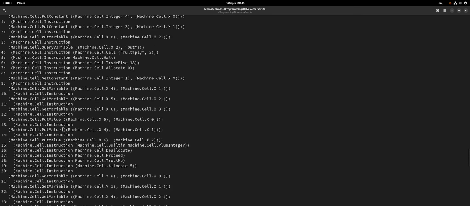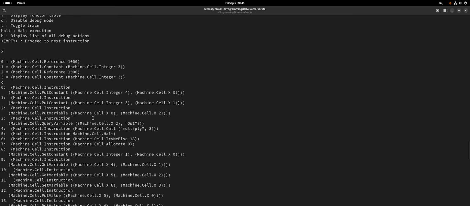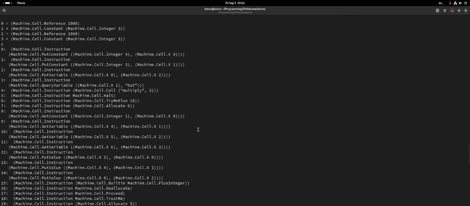Let's look at the query. Let's see what's going on there. Put constant integer 4 on x0, integer 3 on x1, put variable. Then we call multiply and halt. Then we're doing get constants. Where is this one coming from?